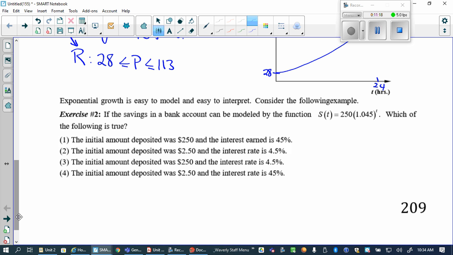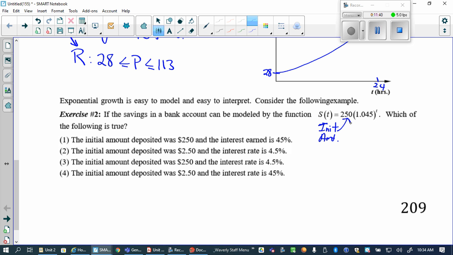Looking at that function, can you tell the starting amount of money in the savings? $250, right? So this is the initial amount deposited was $250, right? What's the rate though?